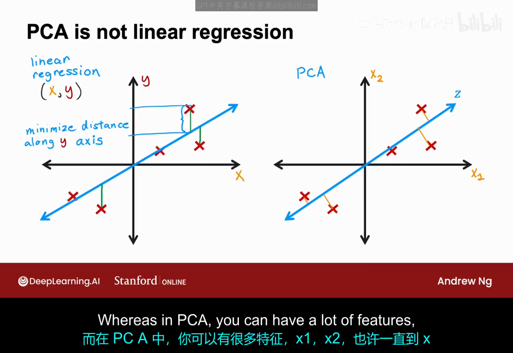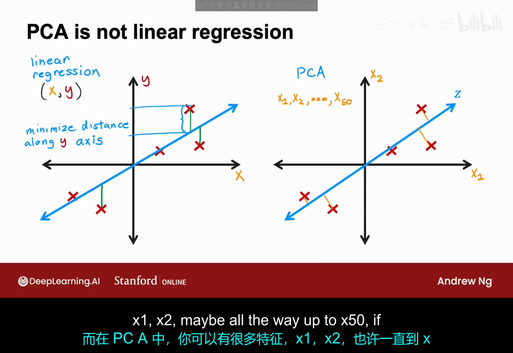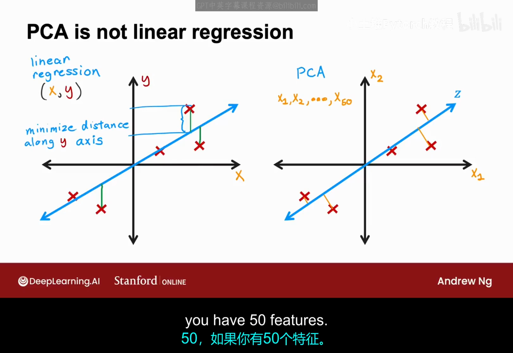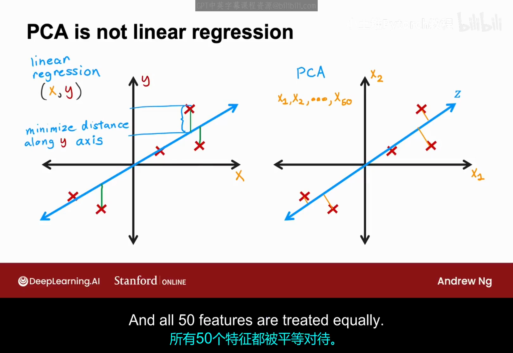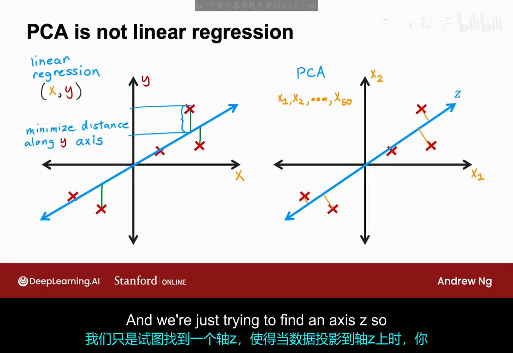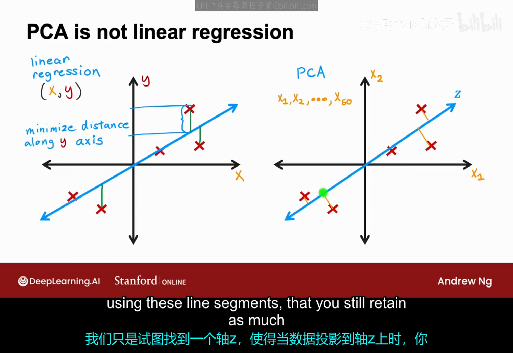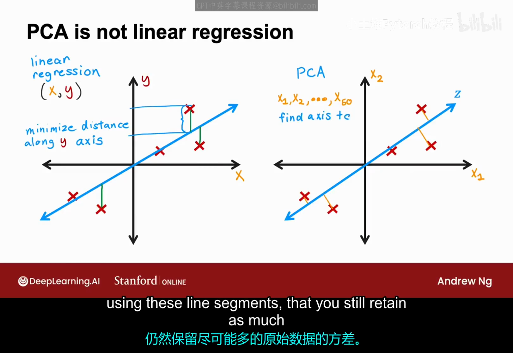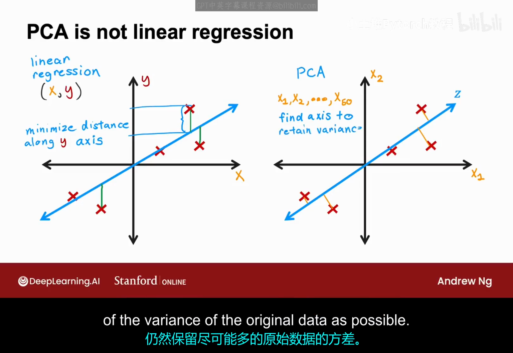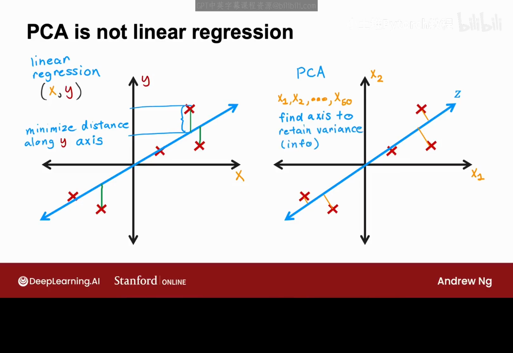Whereas in PCA, you can have a lot of features, x1, x2, maybe all the way up to x50 if you have 50 features, and all 50 features are treated equally, and we're just trying to find an axis z so that when the data is projected onto the axis z using these line segments, you still retain as much of the variance of the original data as possible.